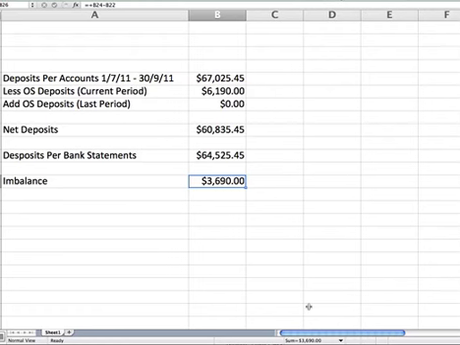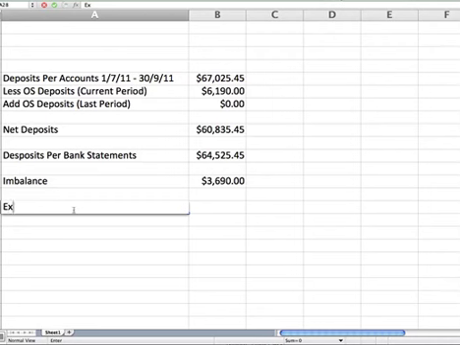Now that's a nice round amount, but it's not particularly great news because it's not zero. If it had been zero, we would have known that our problem is on the debit side, on the expense side. Now we need to deal with the fact that we have an imbalance in the deposit side. Because our imbalance in total is $3,608.94, we know that the error that exists on the expense side is actually very small.